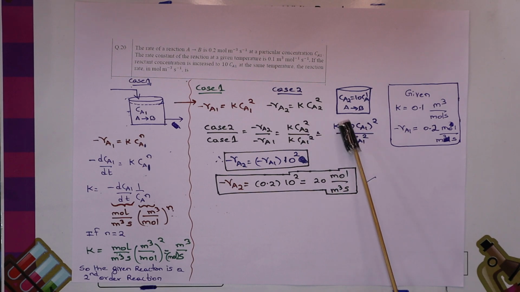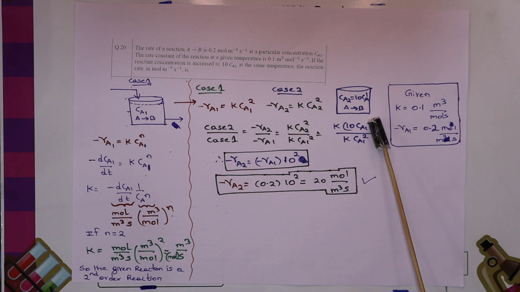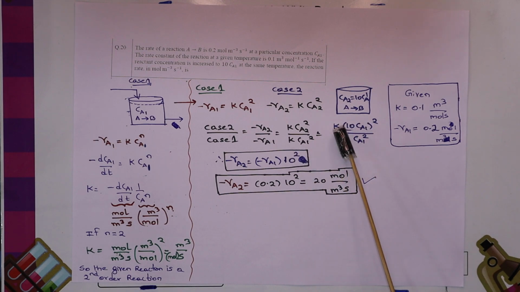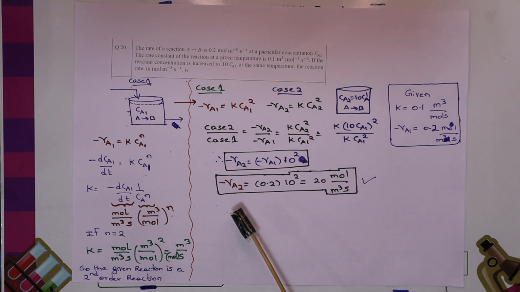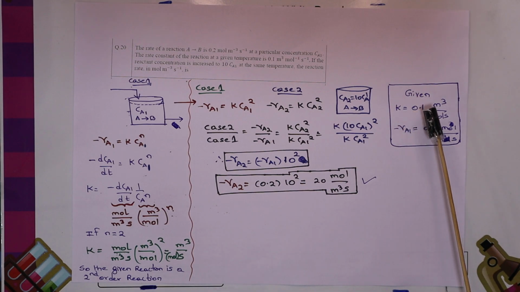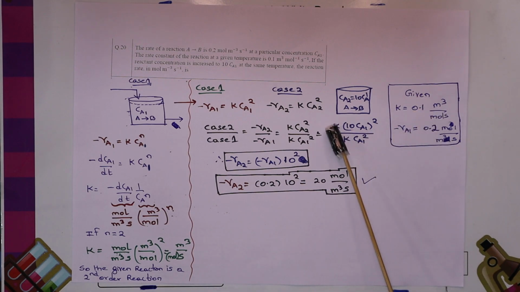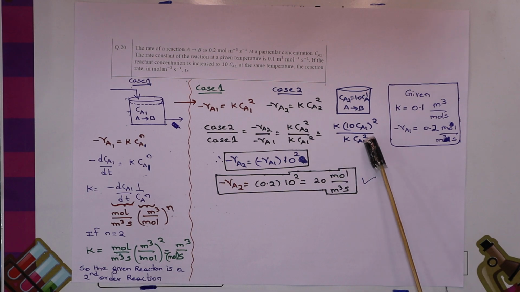So finally this K cancels out, Ca square cancels out, and finally we are left with 10 square.